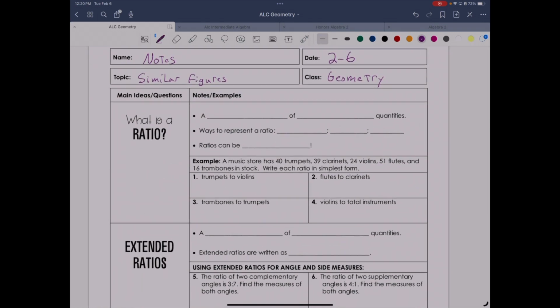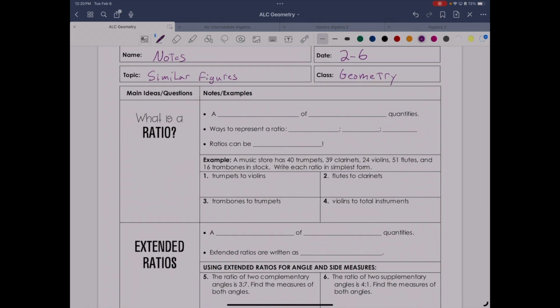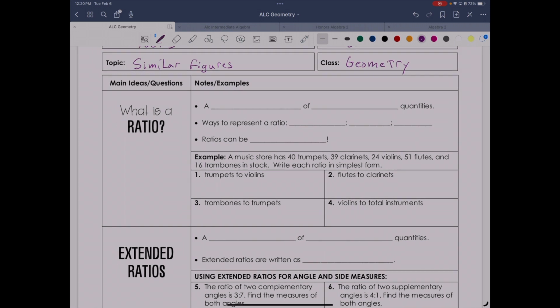A little bit of algebra review today, actually a lot of algebra review, but it's important that we're able to write ratios and solve proportions when we start talking about similar figures, and get more into that tomorrow, where we have to do a comparison about sides, and see if the sides are proportional.